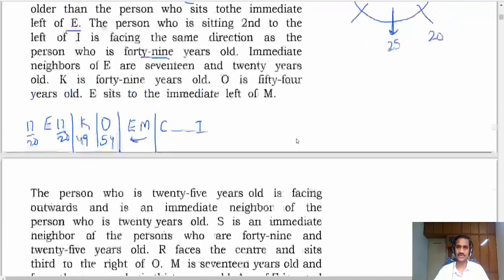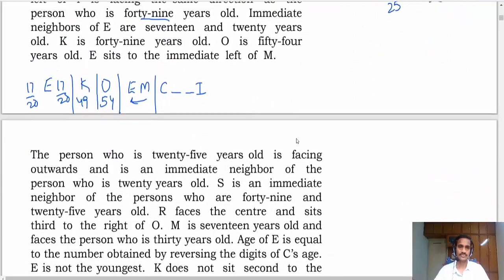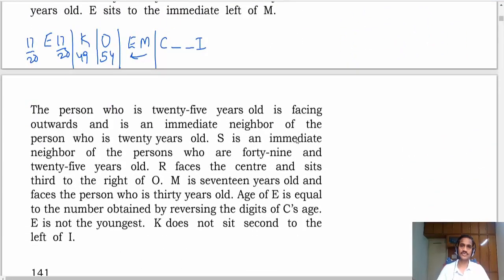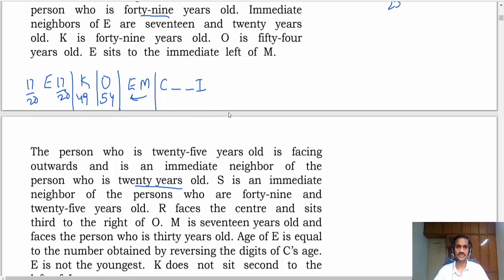K is 49 and O is 54. The person who is 25 years old is facing outside and is an immediate neighbor of the 20-year-old.